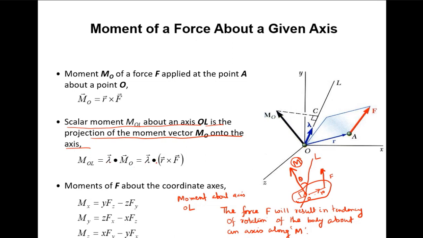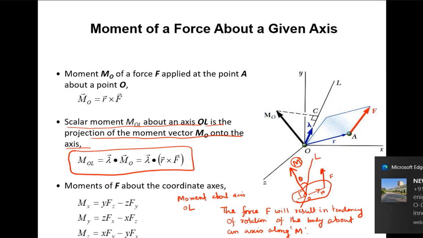So lambda dot R cross F. Just keep in mind this thing, moment about an axis. If you just remember this, you can easily solve the numerical. You find that out and you will get the moment about an axis OL.